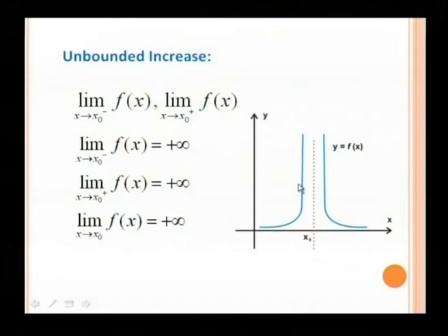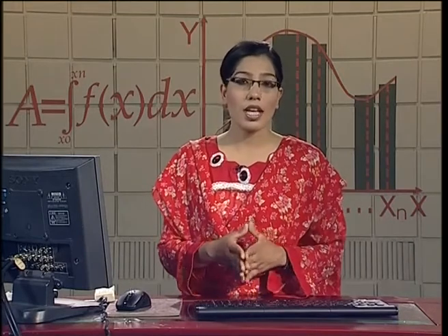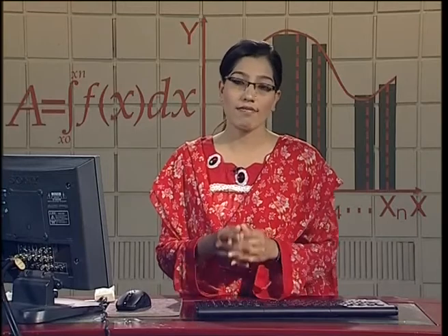So if we consider this graph which is tending to infinity, whether the limit approaches from the right hand side or the left hand side, we consider that limit x tends to x naught minus f of x is equal to plus infinity, or generally limit x tends to x naught of this specific function tends to plus infinity, which shows that there is an unbounded increase in the function, because when x tends to x naught from the left hand side or the right hand side, the function gets larger without bound and consequently approaches no fixed finite value.